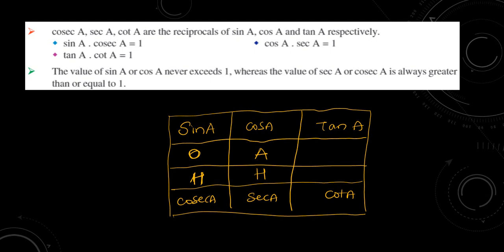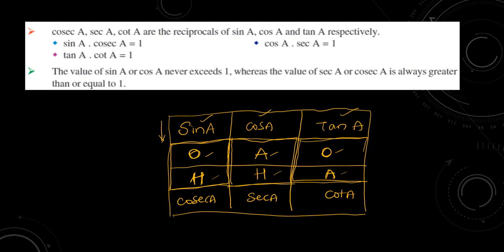Next, tan A is nothing but the opposite side to A by the adjacent side to A. So simply you can read it as O A O H H A. Now when you want the values which are at the top, simply read it downwards. Then sin A means O by H, cos A means A by H, tan A means O by A.